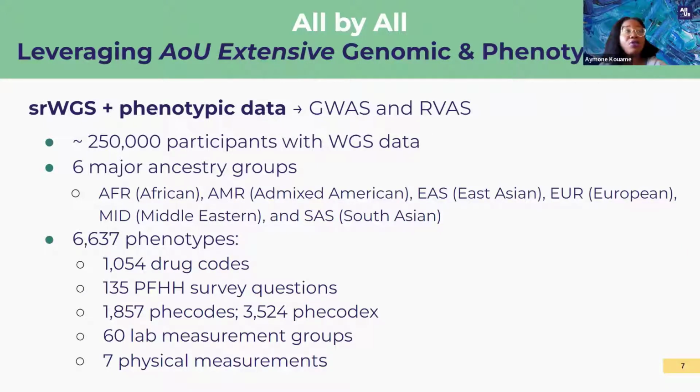In total, all the phenotypes that we used were about 6,637, coming from the drug exposures, the personal and family health history, Phecode and Phecode X conditions, lab measurement groups, and physical measurements. So today, the presentation will focus on talking through these phenotypes.